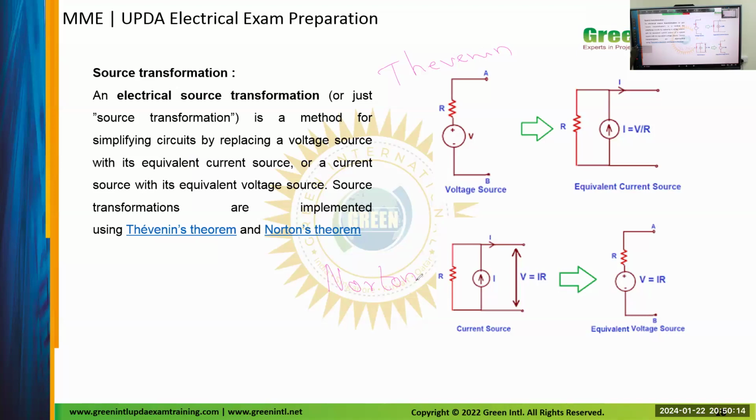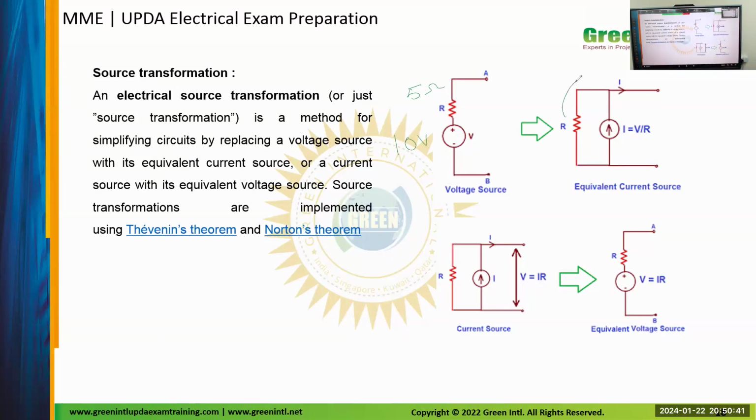For example, here we have 10 volts and 5 ohms. We have a voltage source, or we may say it's a Thevenin circuit. We need to convert the voltage source into a current source. So we need to find the resistance.